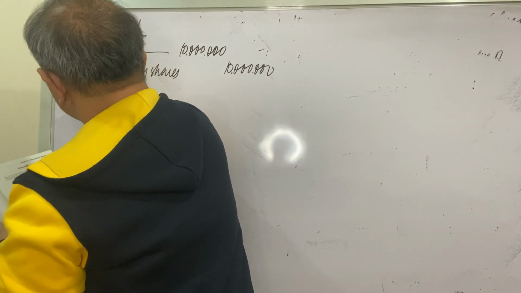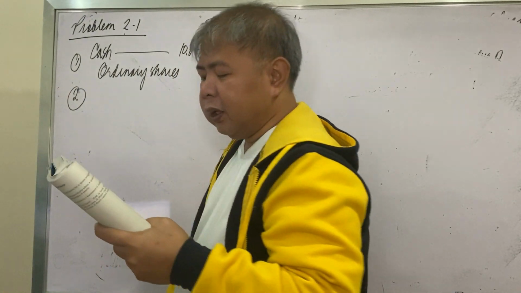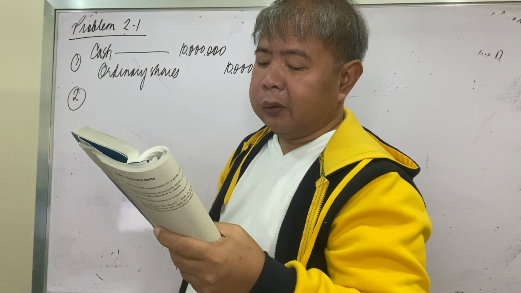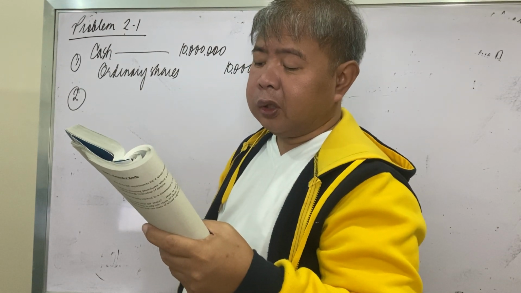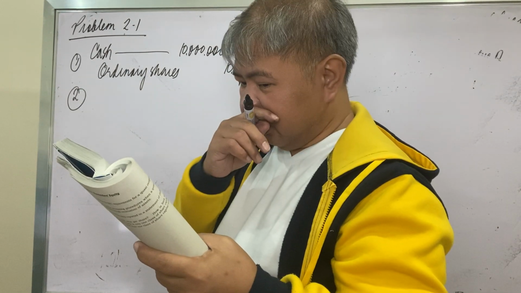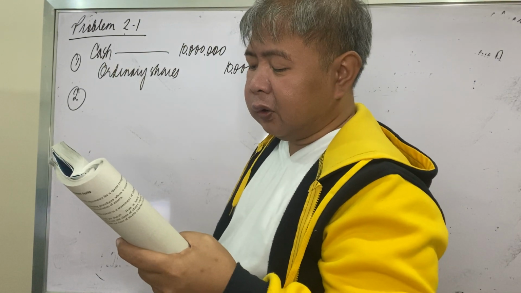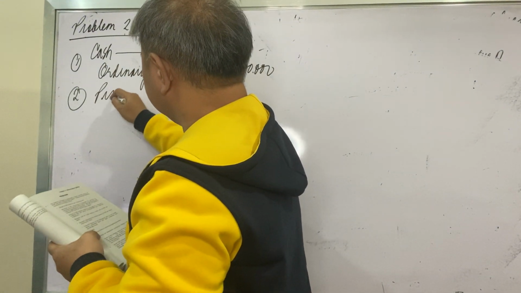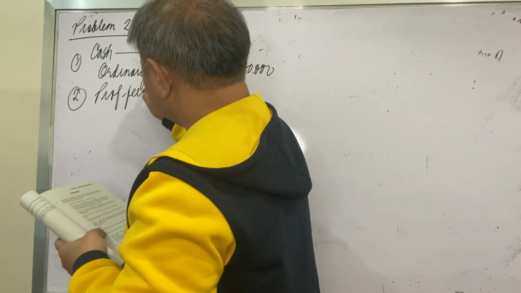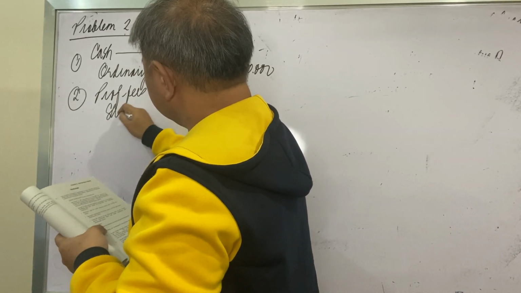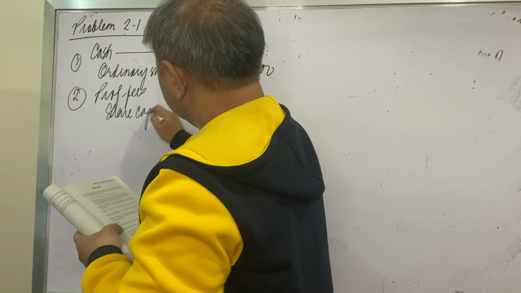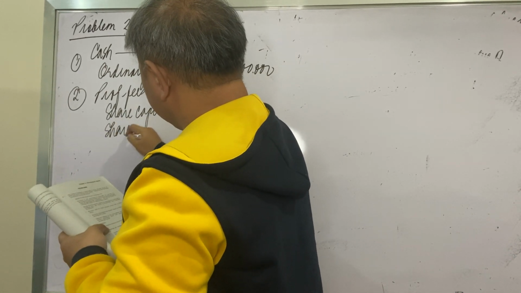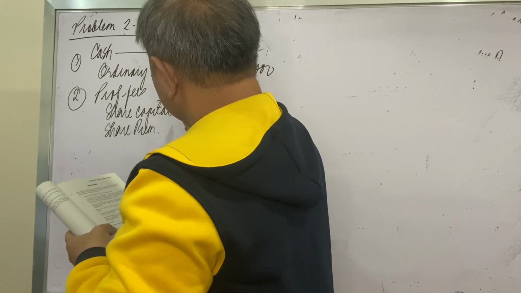Number two. Receive a bill amounting to 180,000 for services in securing the corporate charter and for other preliminary legal costs of organizing the corporation. The bill was settled by issuing 300 shares of ordinary share capital. So this will be treated as an expense, professional fees, and then credit your share capital and your share premium, if any. How much is it?